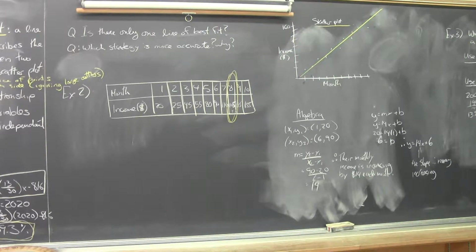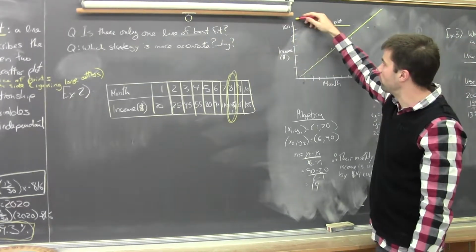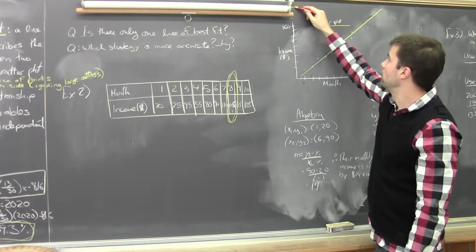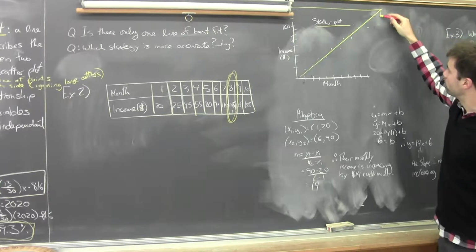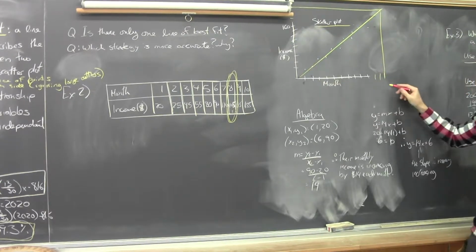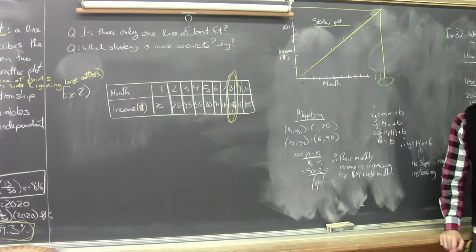So if this question says, when will income reach $200 for a month? So we're looking at our income here. If this is 160, we're going up by tens. The 200's up here. You're going to run it across, find the value, then run it down and find the month. So we would estimate this would be our value. Okay?